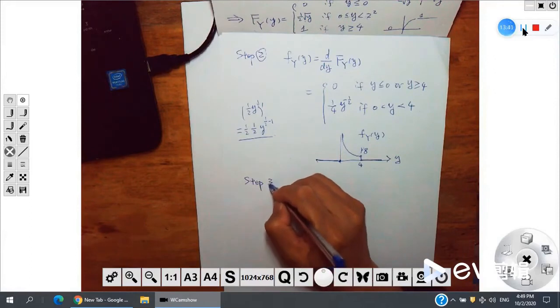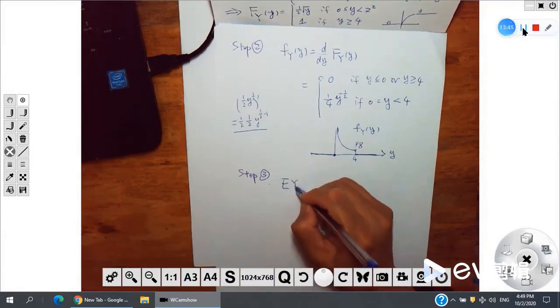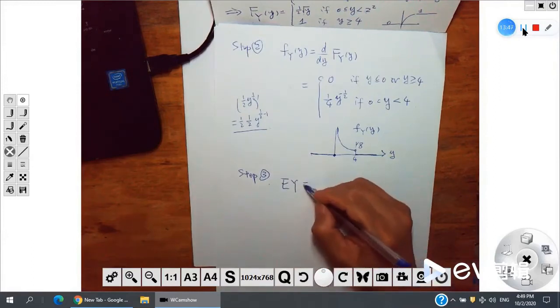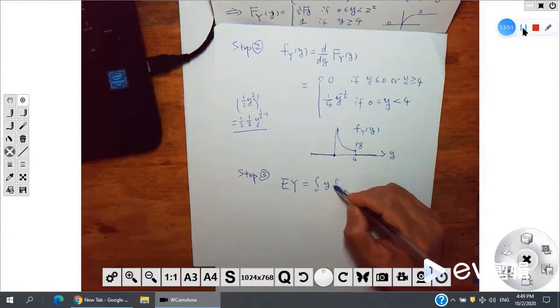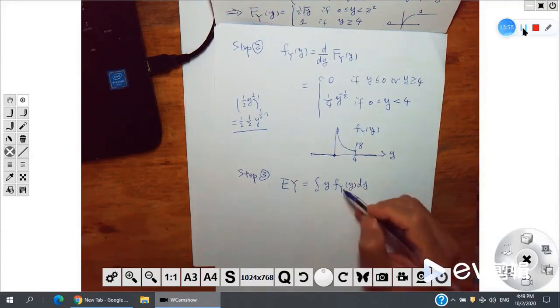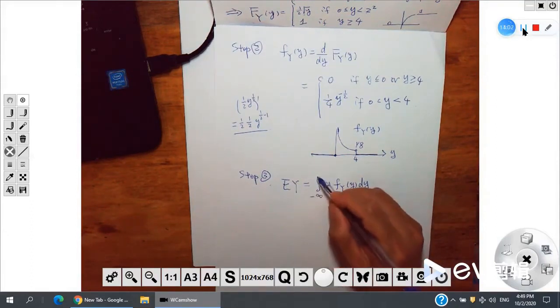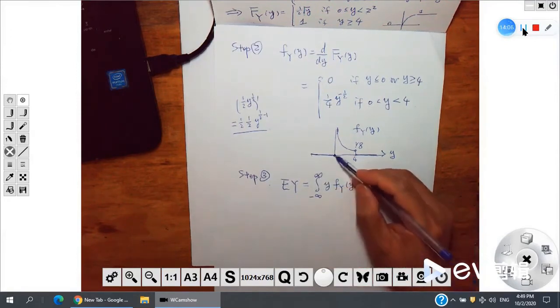Alright. Then we can consider the mean value. Step 3. The mean value, E[Y]. By definition, that is the integral of y times f_Y(y) dy, from negative to positive infinity, but in this example we only need 0 to 4.